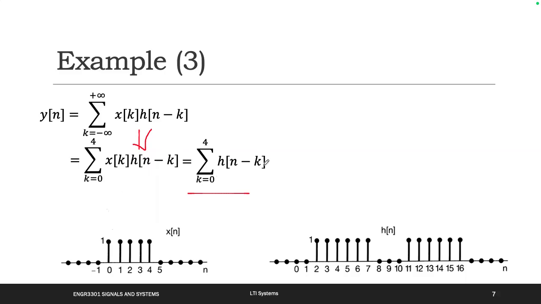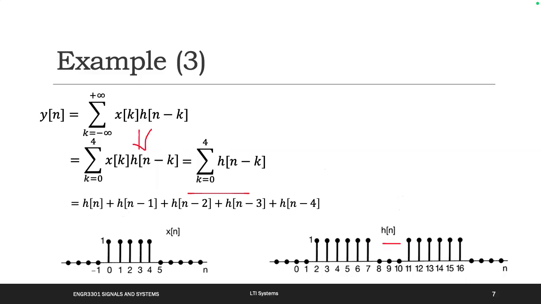So your yn equals what? This one. When k equals 0, it is hn. When k equals 1, it is hn minus 1, plus hn minus 2, plus hn minus 3, plus hn minus 4, am I right? And then this is your hn.